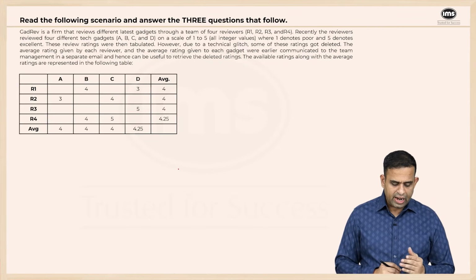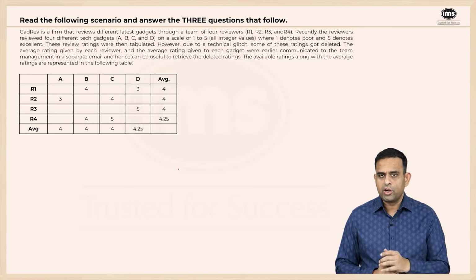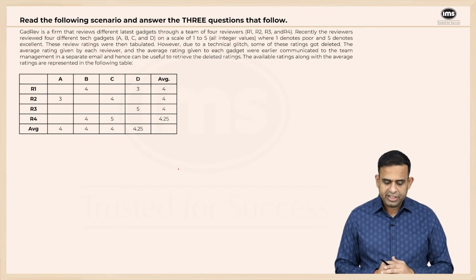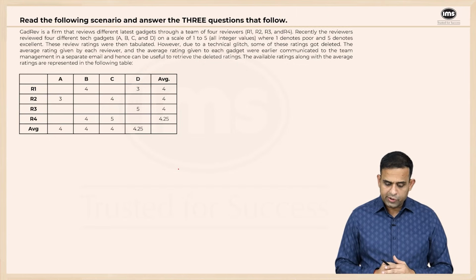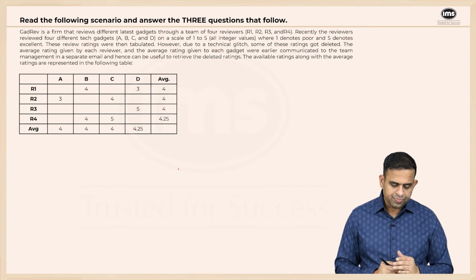It is given that Gadget is a firm that reviews different latest gadgets through a team of 4 reviewers, R1, R2, R3, R4. Recently, the reviewers reviewed 4 different gadgets, which are A, B, C, D, on a scale of let's say 1 to 5, all integer values, where 1 denotes poor and 5 denotes excellent rating. This review rating was then tabulated.